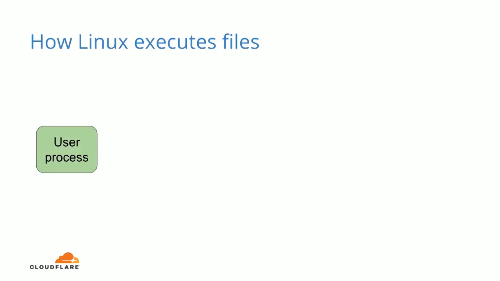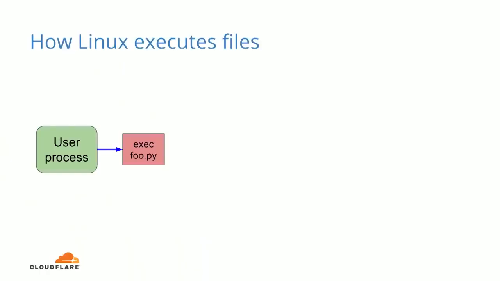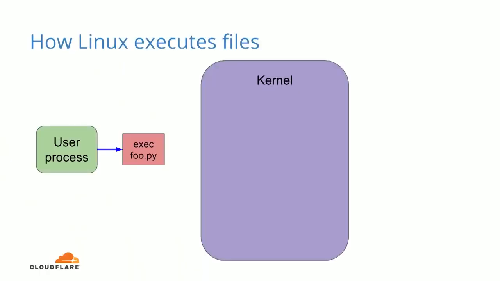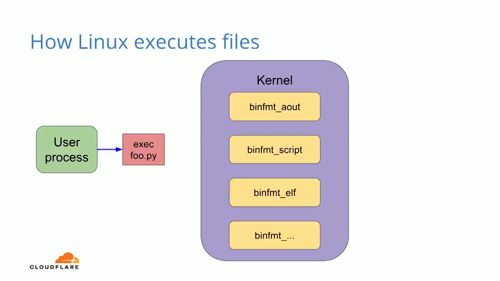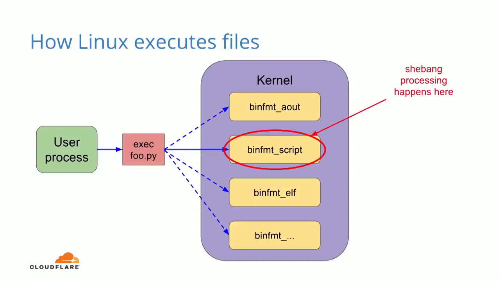If a new process wants to execute a script, it sends a so-called exec system call, which gets forwarded to the operating system kernel. Because there are different executable formats, the kernel has different modules which are responsible for parsing different executable formats. And when you execute a script, there is a binfmt_script module, which is exactly responsible for parsing a shebang line.